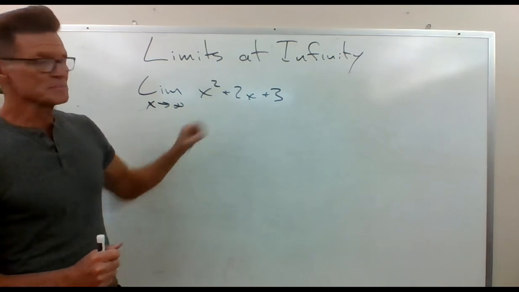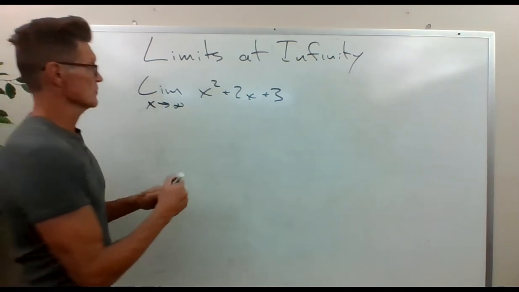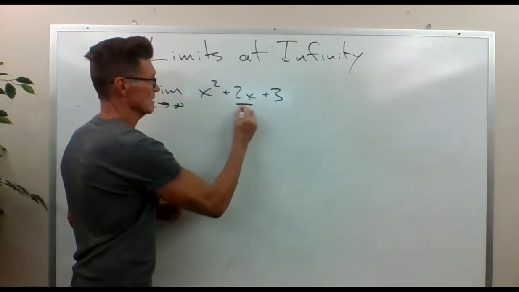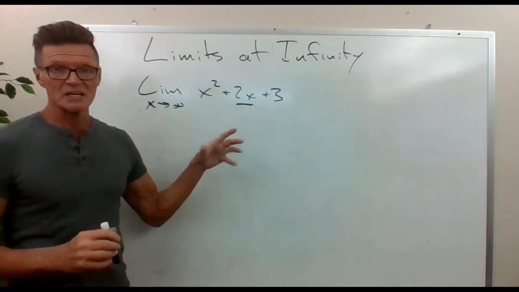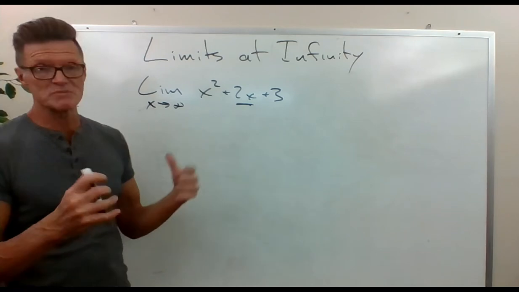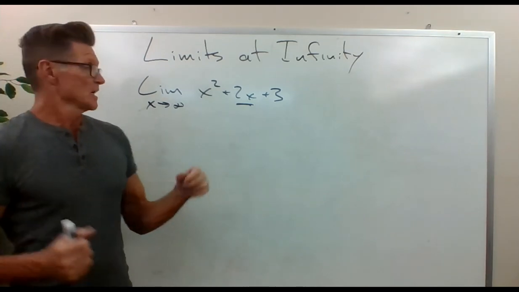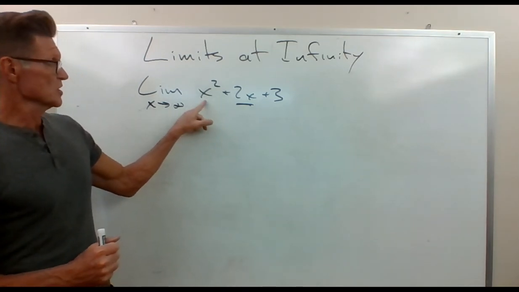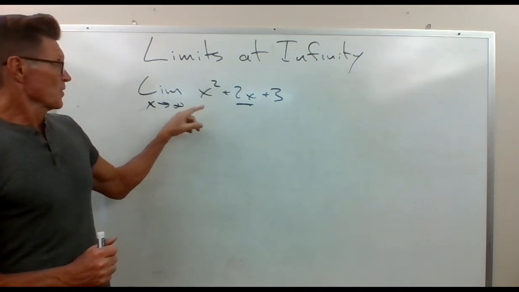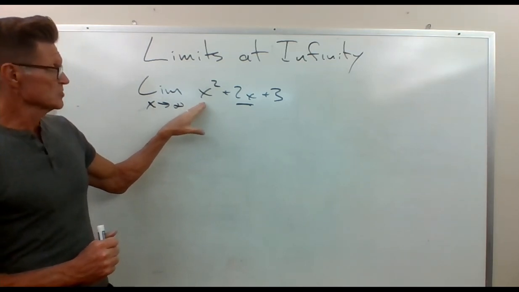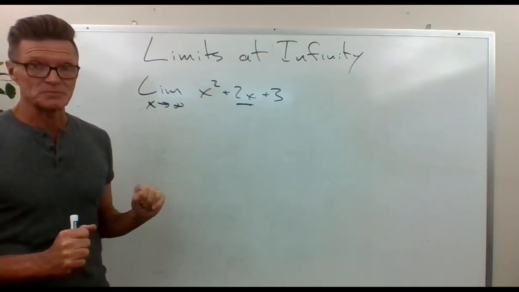Well, 2 times x is getting infinitely large. If we look at just this term right here, as x is getting infinitely large, we're just multiplying infinity by 2. So 2 times infinity is infinity. When we look at this term, what we're doing is we are squaring x. So when x is getting infinitely large, we are squaring those numbers.